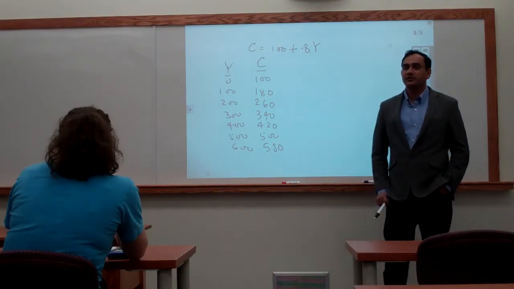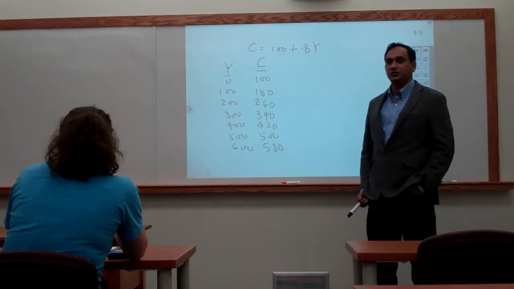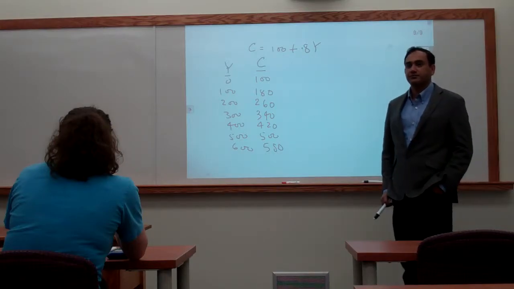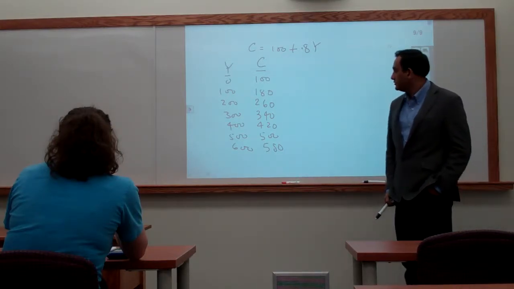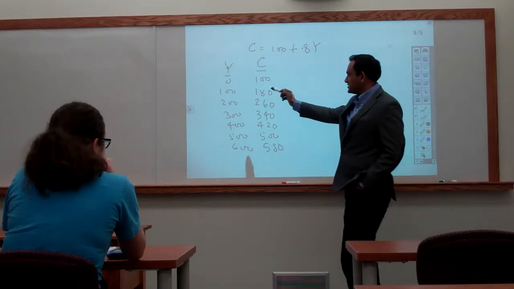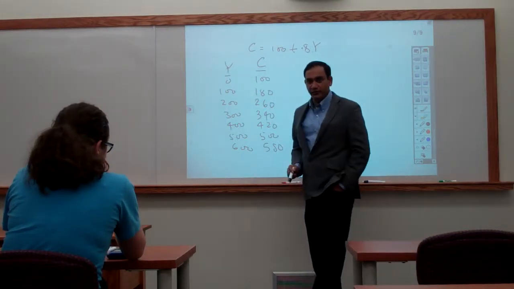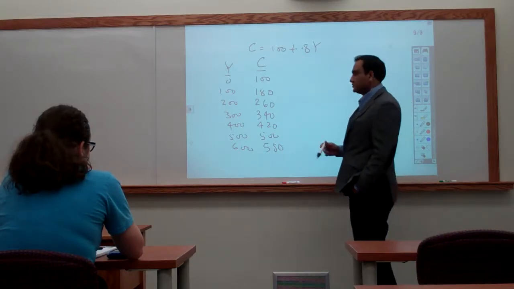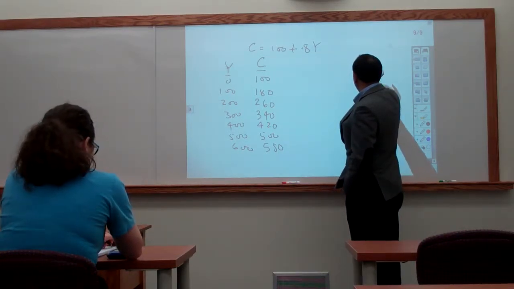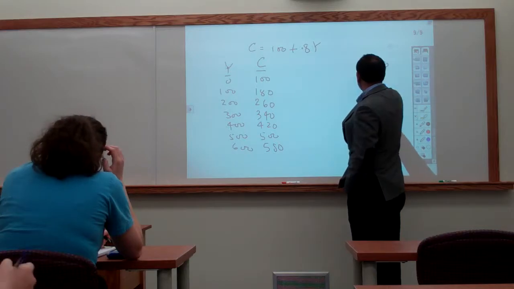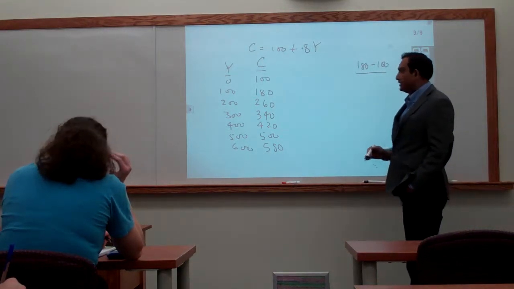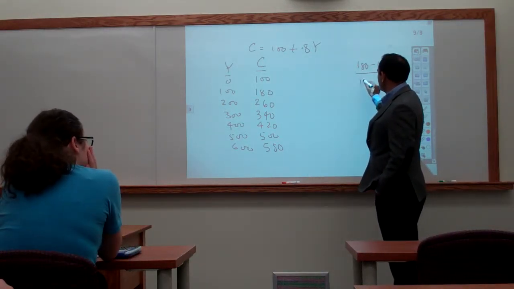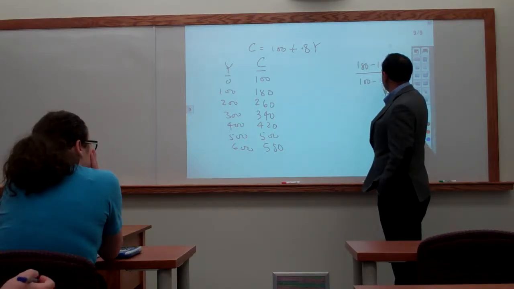What do you have? 0.8. So what numbers did you use here? I just used the first two. First two. So basically you are saying income goes up from 0 to 100, right? Consumption increases from 100 to 180, isn't it? So you are looking at 180 minus 100, C2 minus C1, and then Y2 is 100, Y1 is 0.